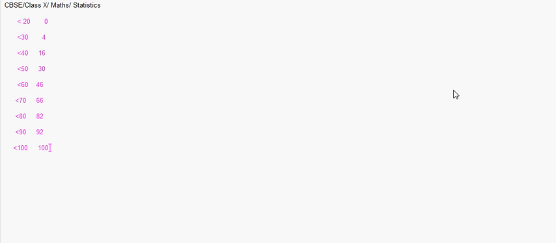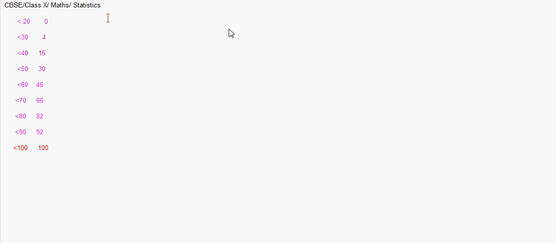So this is actually the cumulative frequency table given. We will first have to construct the frequency table from this cumulative frequency distribution, and then make the necessary computations. From this, if I write the table, the first interval will be less than 20.